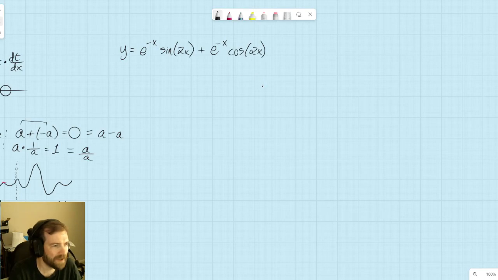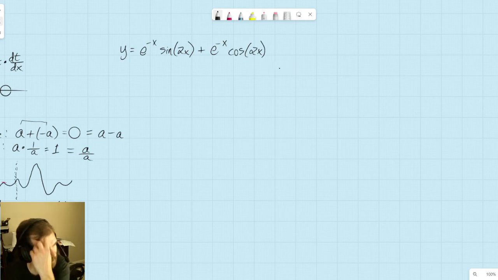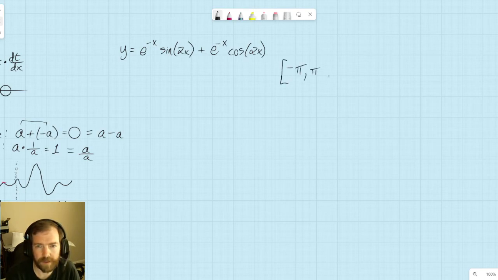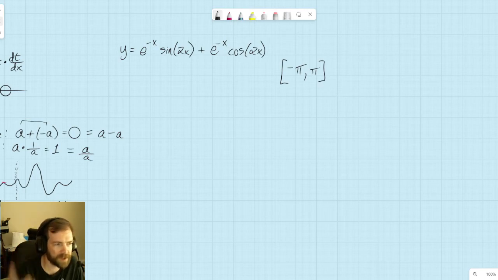All right, so, yeah, two curves. So let's look at this from negative pi to pi. Over that particular interval, we want to know where the minima and maxima are for this particular function between negative pi and pi.